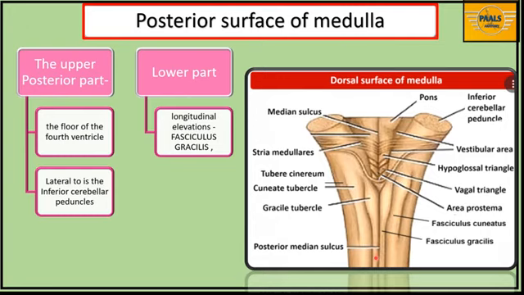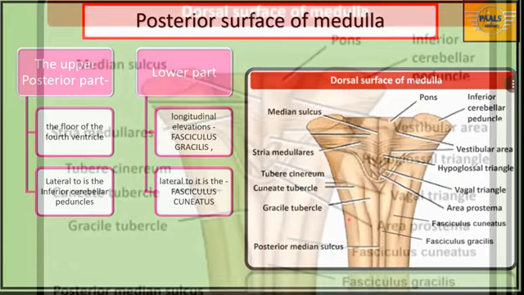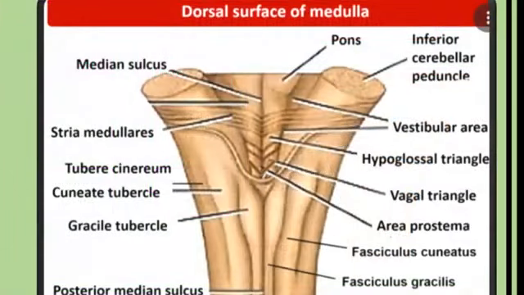Now lateral to the fasciculus gracilis is another elevation, called the fasciculus cuneatus. Also lateral to the fasciculus cuneatus is yet another elevation, called the tuberculum cinereum. We are going to look at these longitudinal elevations and trace them proximally.